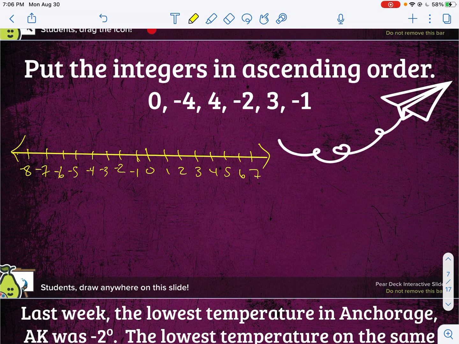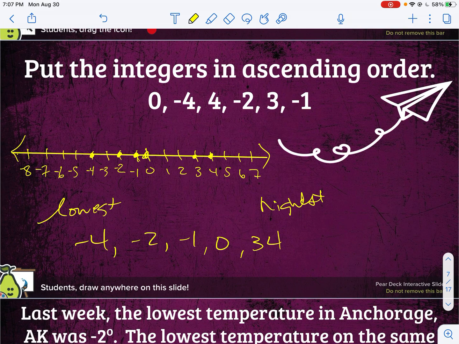Okay, so if I was to plot these points, I would put 0, I would put -4, 4, -2, 3, and -1. So I'm going to put the lowest to highest. So my lowest number is -4, -2, -1, 0, 3, and 4.